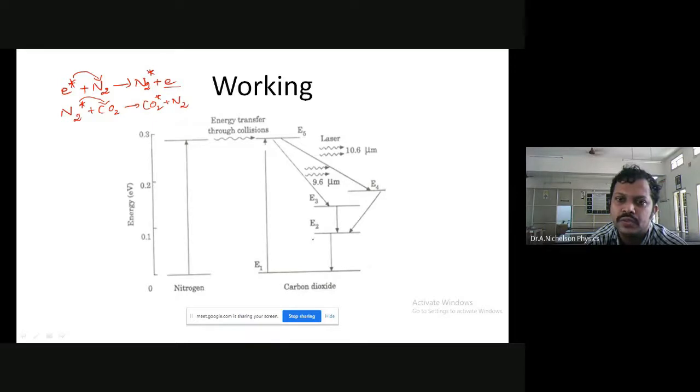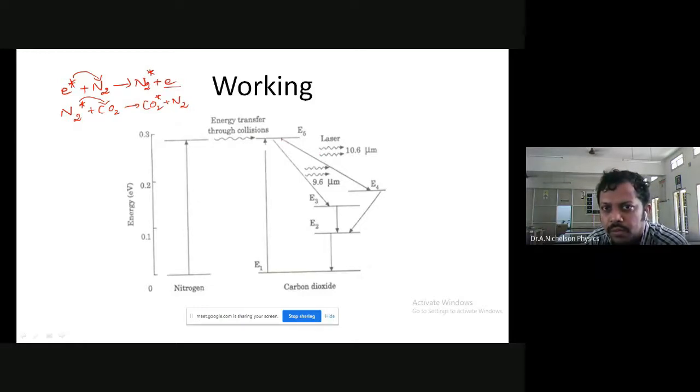So it moved through four different energy states. That's why it is called a 4-level molecular laser. In the ruby laser, I think that is also a 4-level solid state laser. Here it is a 4-level gas laser.